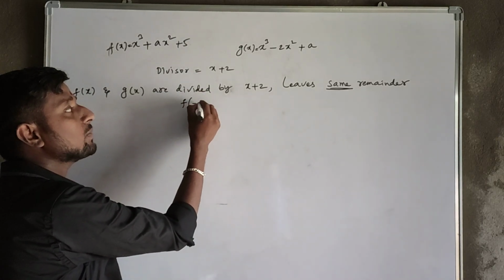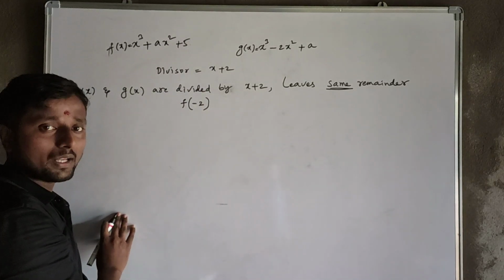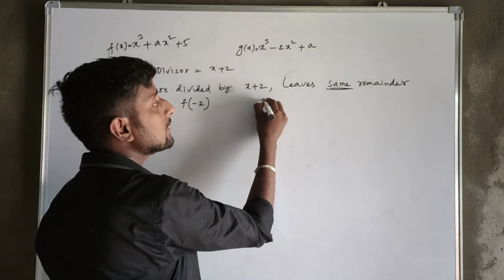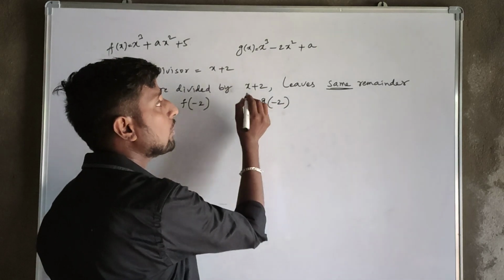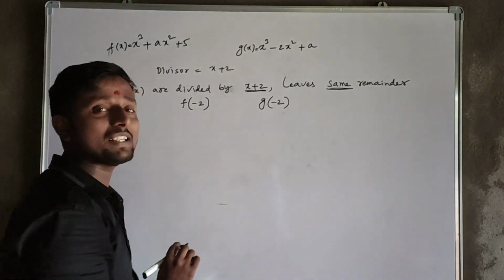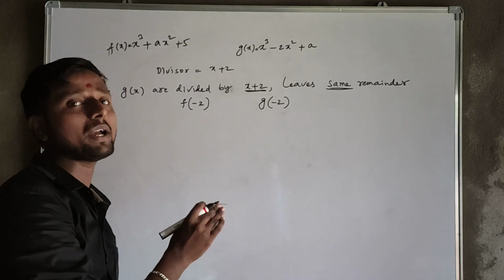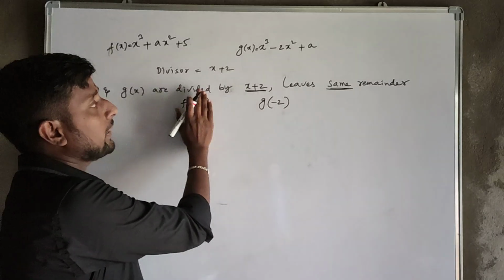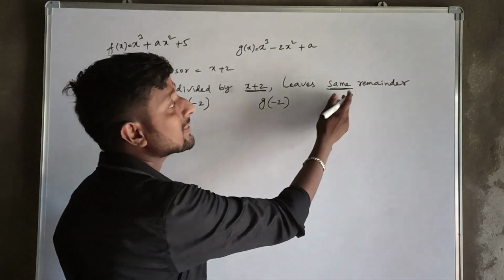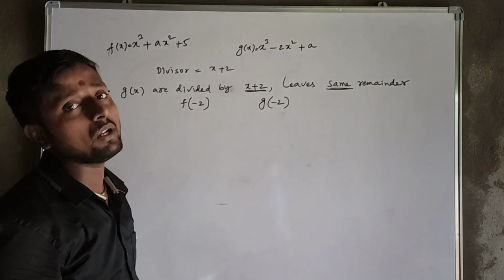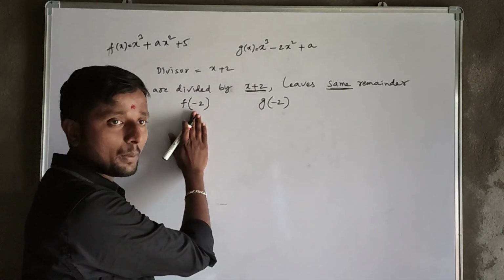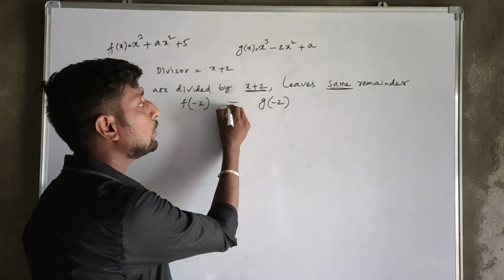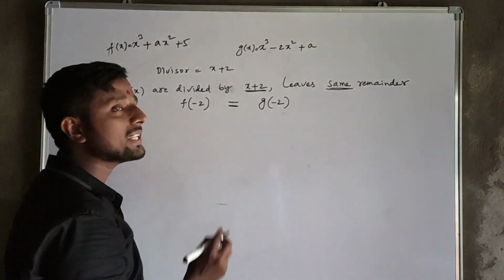The remainder of the first polynomial is nothing but f of minus 2. The remainder of the second polynomial is g of minus 2, because here we have x plus 2, and that's why we are using minus 2. The statement says they leave the same remainder, that means equal remainders. So first polynomial remainder, second polynomial remainder, and they said both are equal, both are same.